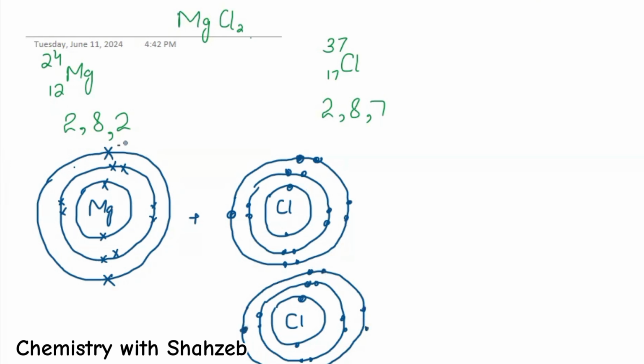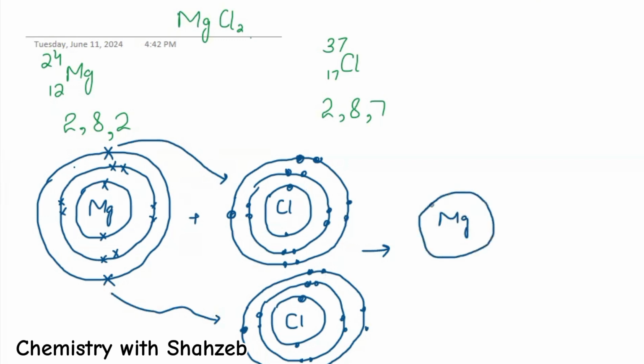Now I am only going to draw the outermost shell of magnesium. That would become 8 electrons, as it has lost these two electrons that are transferred to chlorine. So magnesium has this kind of structure with a positive charge of +2.